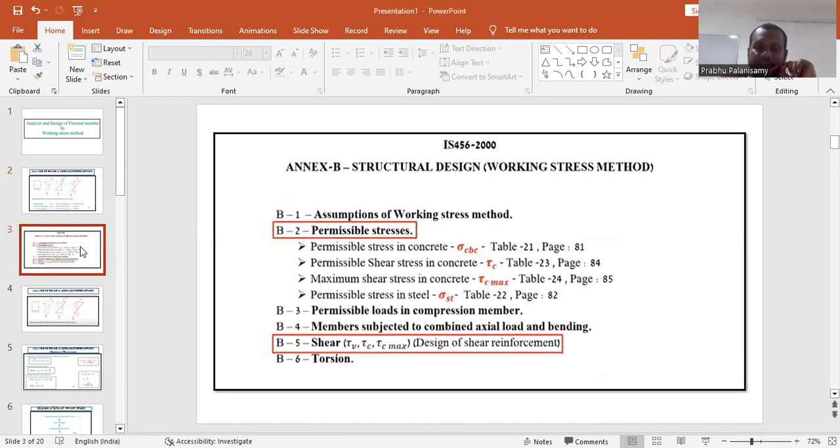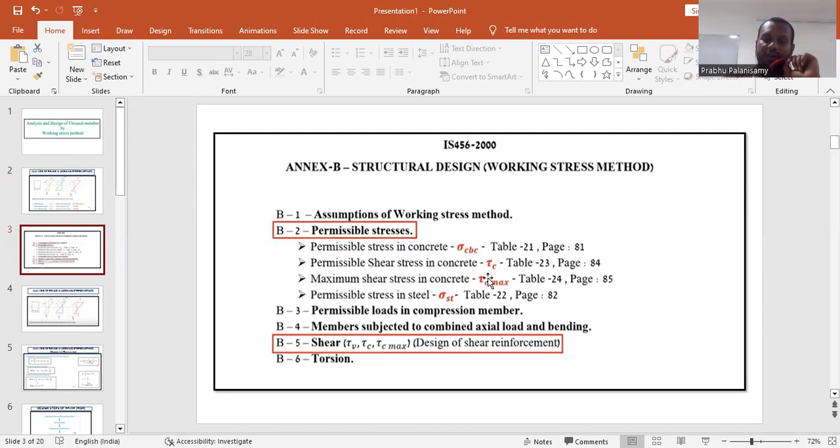Next, in Annexure B of IS 456, the structural design by the working stress method, the assumptions of the working stress method can be seen. Here we see a few codal provisions given in IS 456 for the working stress method of singly reinforced sections. The permissible stresses in concrete, sigma CBC, are in Table 21, page number 81.